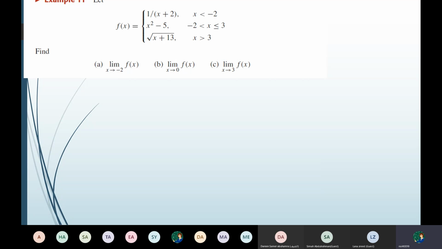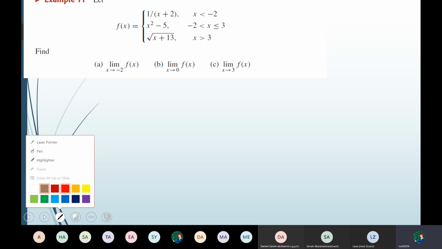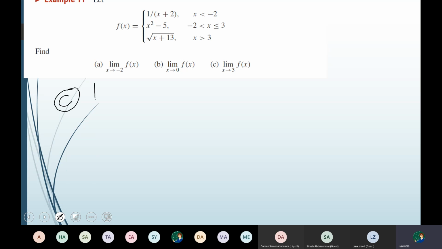Now, at point -2, because -2 is a point of change, we have a two-sided limit. Look at point 3, for C. Now for C, limit f of x when x approaches 3. Where is the 3? Here is a 3. Is it a point of change? It's repeated 2 times?